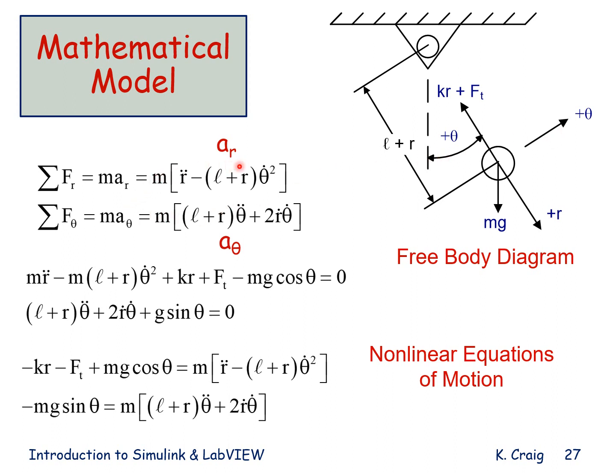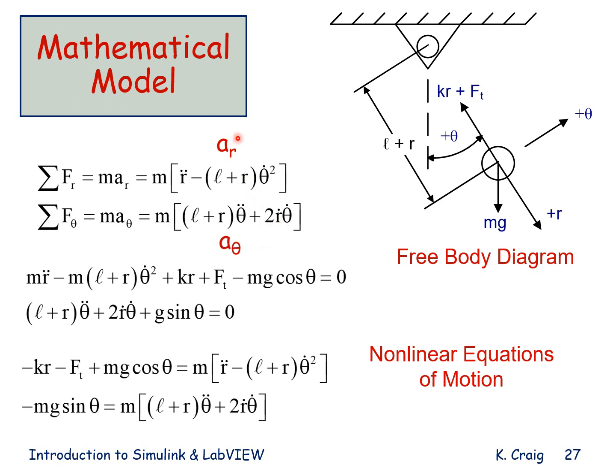So what is the absolute acceleration in the r direction for a particle in plane motion using polar coordinates? And what is the absolute acceleration in the theta direction? Well, it's something we could derive, but it's also something you could look up in your dynamics textbook. So basically, there are 4 components to our total acceleration.